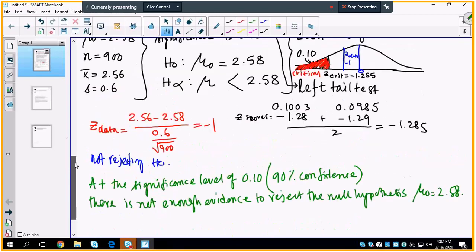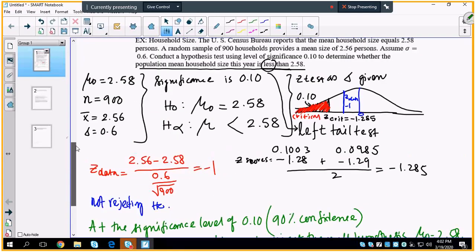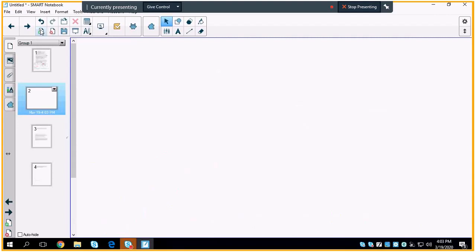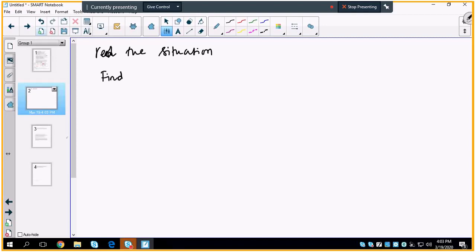So again, what we will do now, we will sum up the process of testing before we go ahead and do other problems. And I will sum it up for Z testing, and we will use the exact same technique for T testing. So first thing first, read the problem, the situation. Find mu naught, that is the existing population mean.